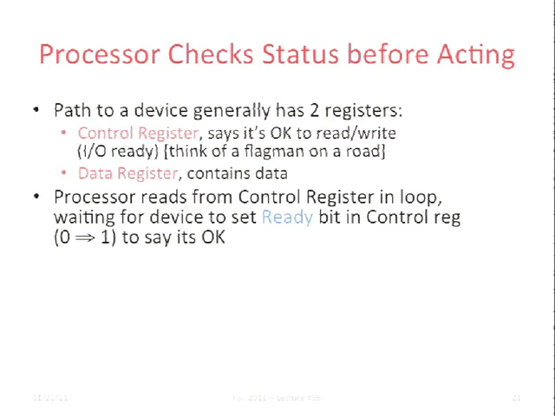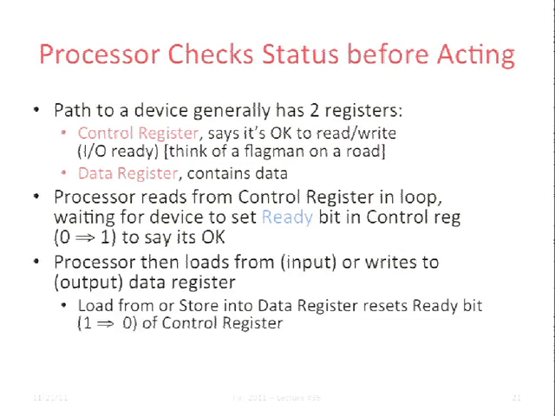When it sees it's 1, that means the device is ready, and then it can do what it needs to do for the data. Okay? So if the ready bit is set to 1, then the processor, if it's doing a load, reads what's in the data register. If it's doing a write or a store, then it writes to that data register. Okay? And then it's up to the hardware to make sure that the transfer happens correctly. Okay, and this is called polling.